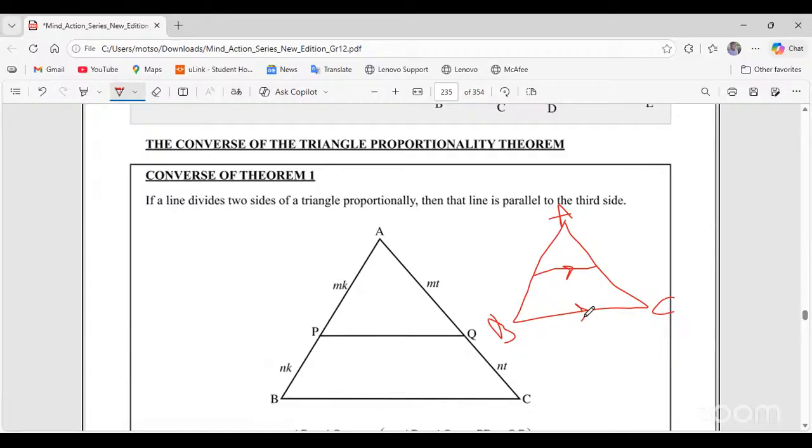This is what you were given in a proportionality theorem, and you were required to find maybe some sides or some ratios that are equal on this triangle.